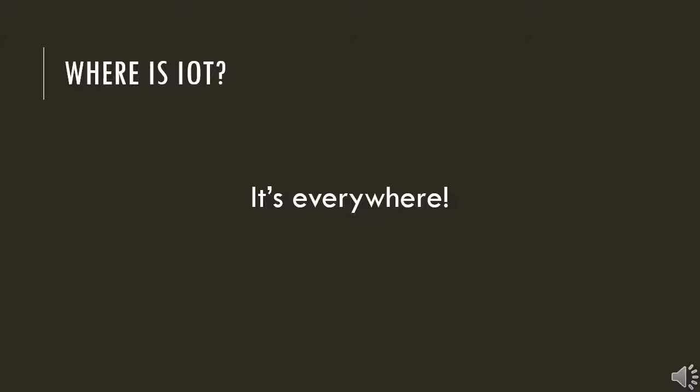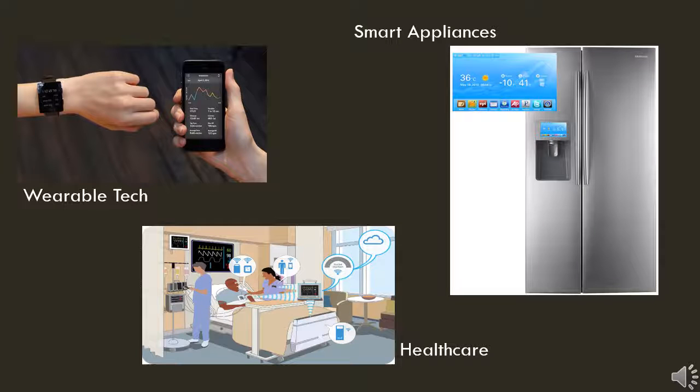This world is almost overrun by Internet of Things. A few examples where we can find IoT: smart appliances, healthcare, and wearable tech, where you control your smartphone or smart device using tech you wear on your wrist, such as smartwatches.